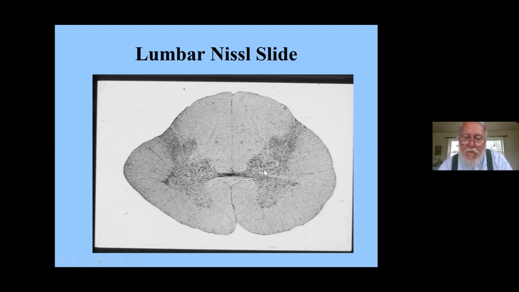They're very well stained, and they will give rise to what? The posterior spinocerebellar tract ipsilaterally, or the anterior spinocerebellar tract across the anterior white commissure contralaterally. So that is the nuclei of Clark.